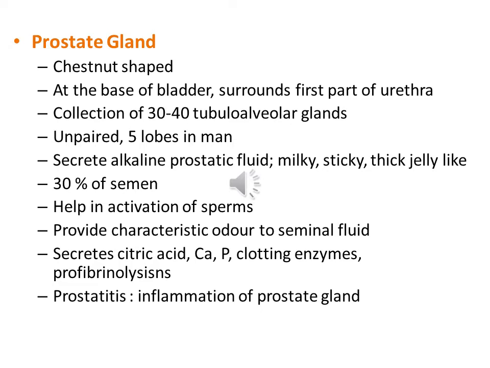Where you have learned tubulo-alveolar gland, just remember animal tissues, types of glands. Fine. So about 30 to 40 tubulo-alveolar glands, they unite, and they form a single prostate gland. It is unpaired, but in man it is about 5-lobe structure. It also secretes the alkaline fluid that is known as prostatic fluid.